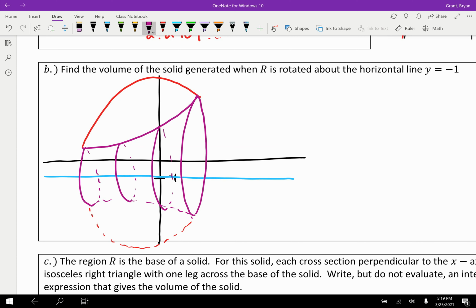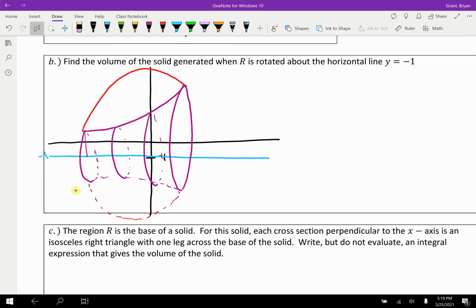Okay. And why don't I just focus on this circle first? So if I wanted to find the volume of these, if these disks were solid, they're going to be open, but if they were solid, then the distance, or the radius, is always the distance from the purple function to the line of -1, and we know how to find the distance between two functions. We do the top minus the bottom.